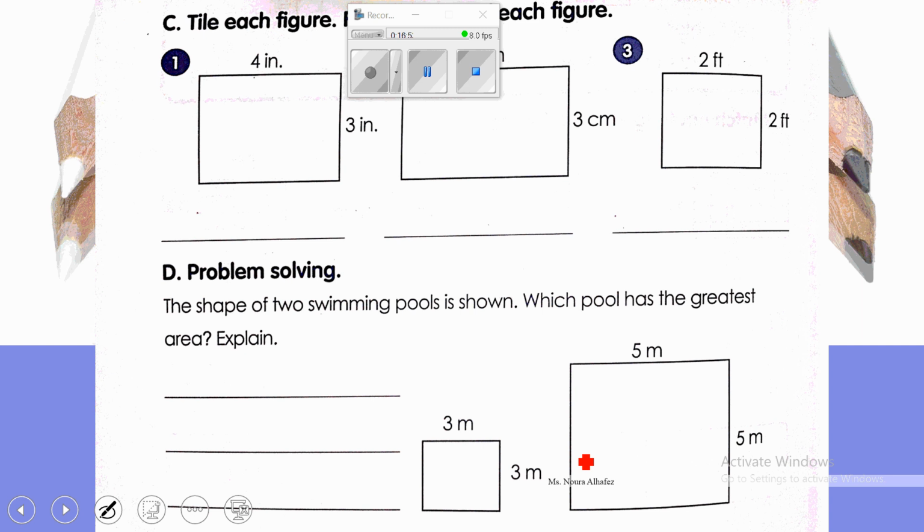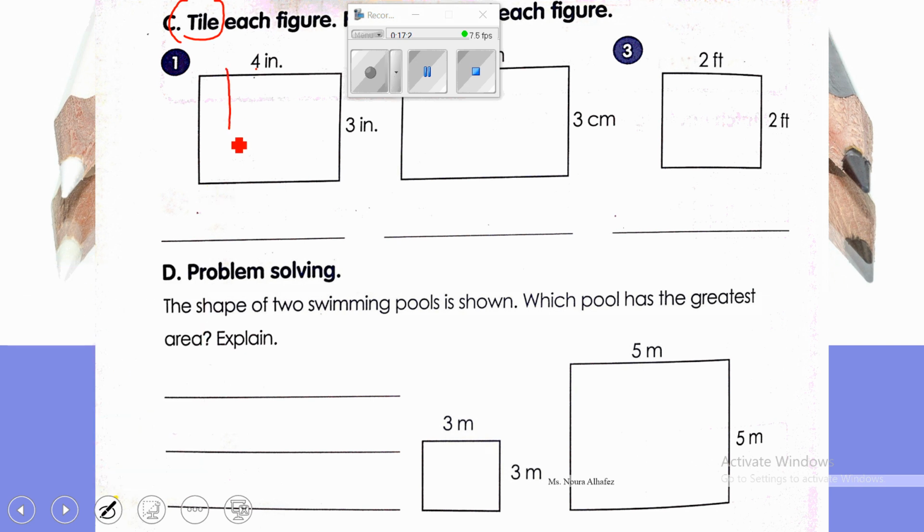For here also, tile each figure. Tile, that means you have to draw. Here is 4 columns, that means I have to draw 3 lines. So 1, sorry, it should not be here. It should be equal.